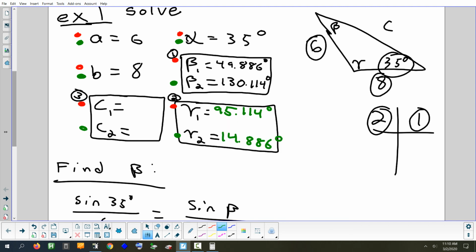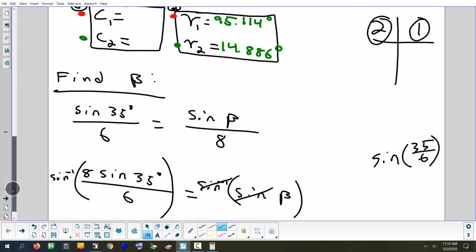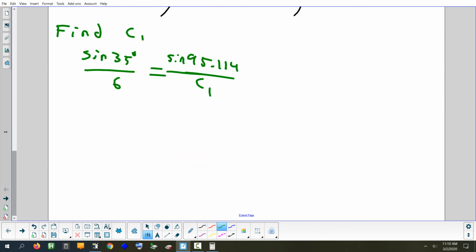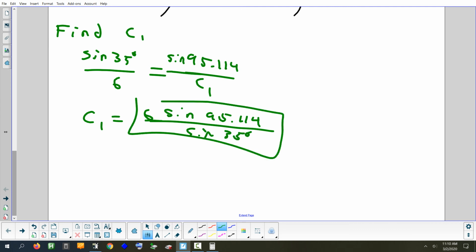But at least if we can use less stuff that was not given, we're better off. Right? So that when we solve for C1, we're going to get 6 sine 95.114 over sine 35. Okay, I'll come back and type that in a second, or if you have a calculator and do it, that's fine. Okay, now let's find C2.